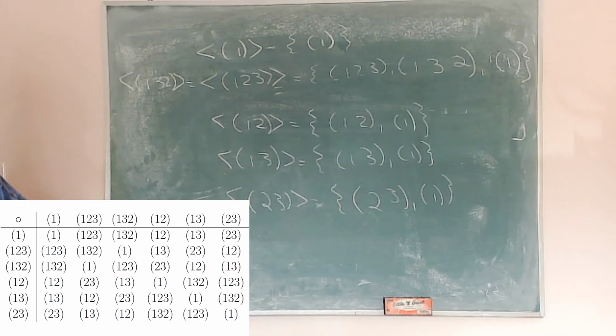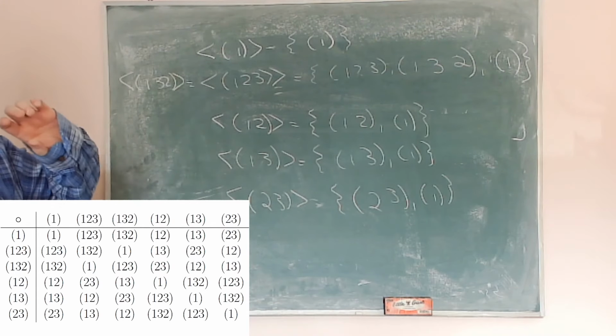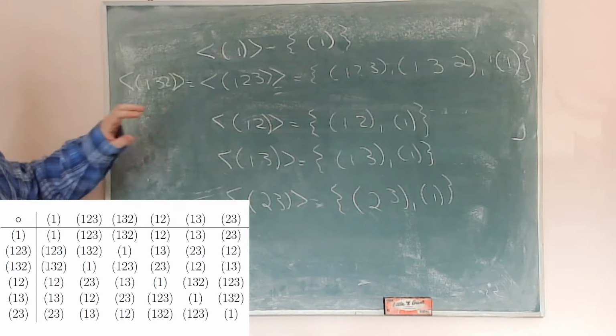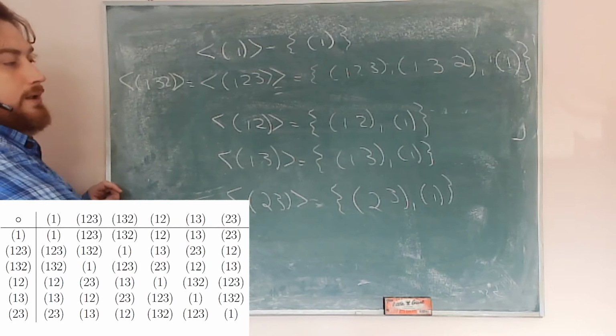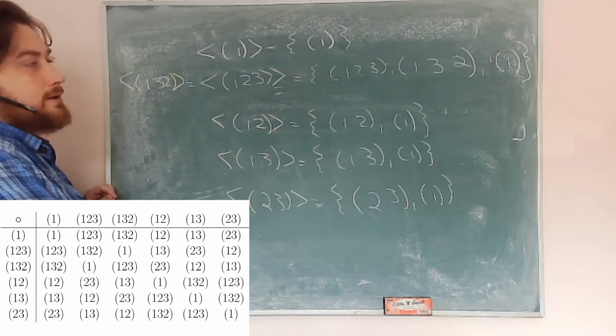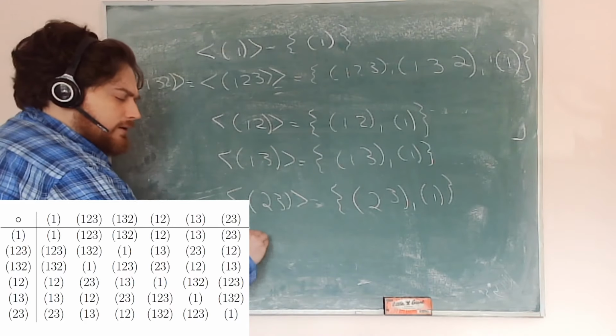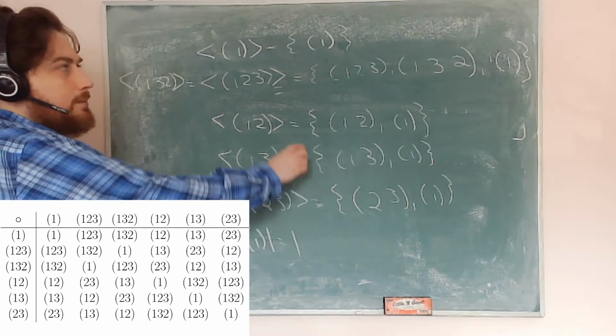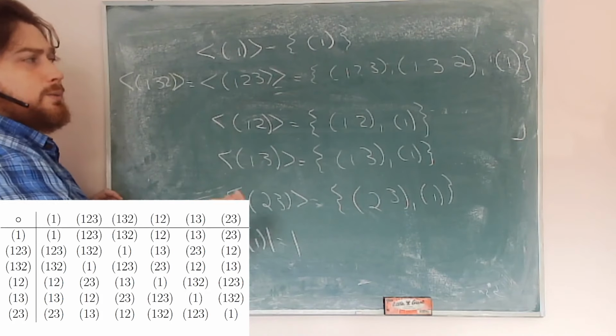Now, I'm actually looking a couple steps ahead. I forget exactly where this one was, but I did ask for the order of each of the elements. So we can actually answer that now that we have the cyclic subgroups. The order of the identity is 1 because the group generated by 1 has one element.